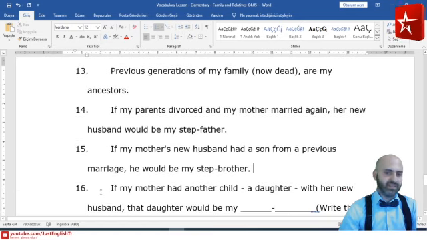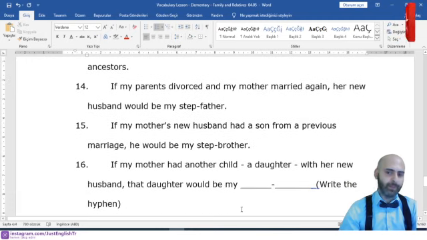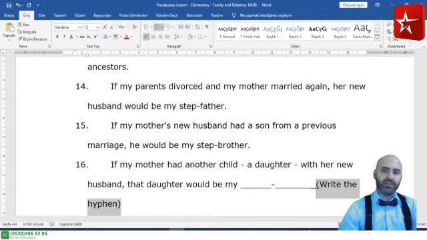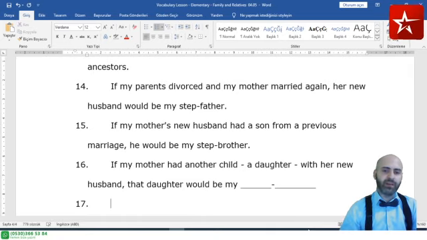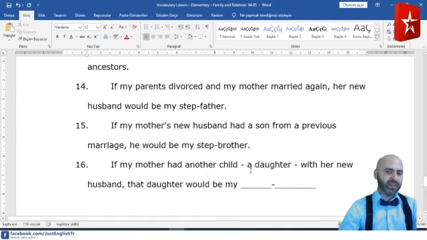Question 16. If my mother had another child, a daughter, with her new husband, that daughter would be my... So if my mother had another child, not with my father, with her new husband.